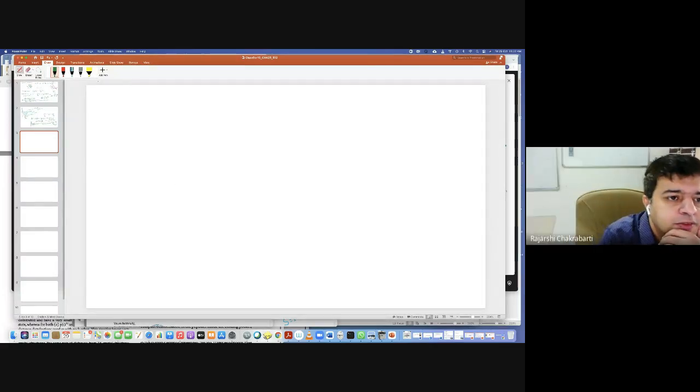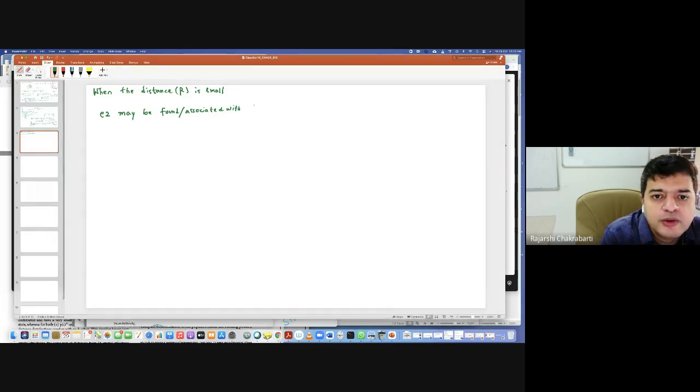So the point is, when the distance between the nuclei is small, what happens in that case is that electron 2 may be found associated with nucleus A, isn't it?